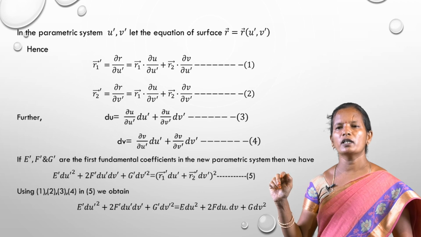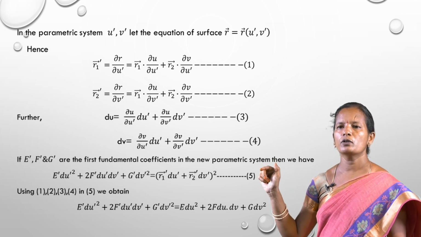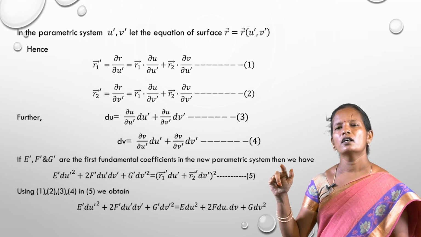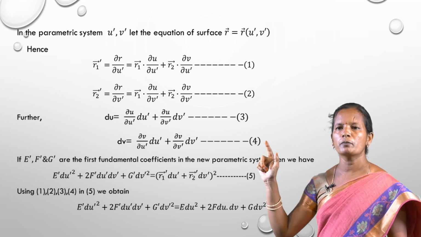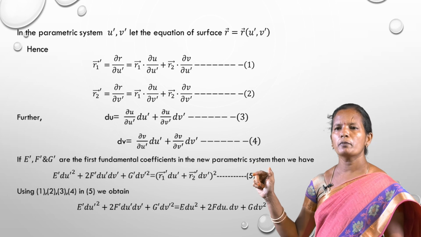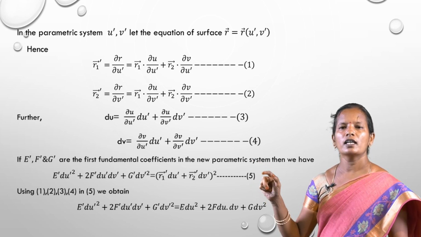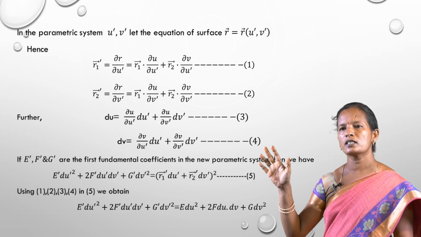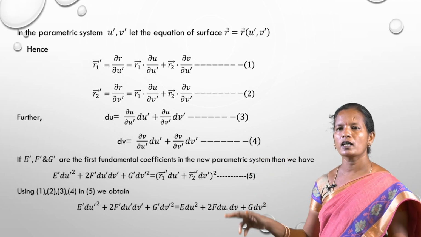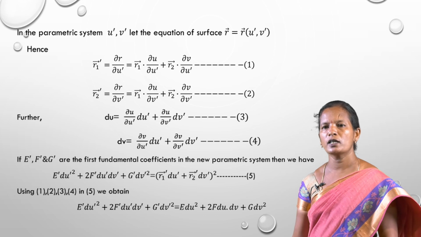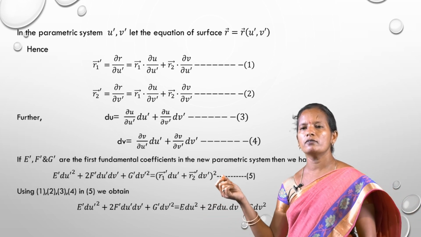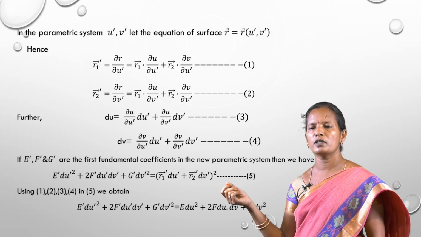du is equal to ∂u/∂u dash into du dash plus ∂u/∂v dash into dv dash, and dv is equal to ∂v/∂u dash into du dash plus ∂v/∂v dash into dv dash. You know well about these values. If E dash, F dash and G dash are the first fundamental coefficients in the new parametric system, then we have E dash du dash squared plus 2F dash du dash dv dash plus G dash dv dash squared equal to (r1 dash du dash plus r2 dash dv dash) whole squared.